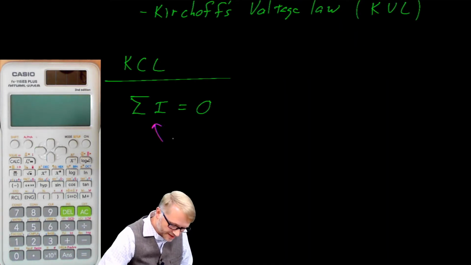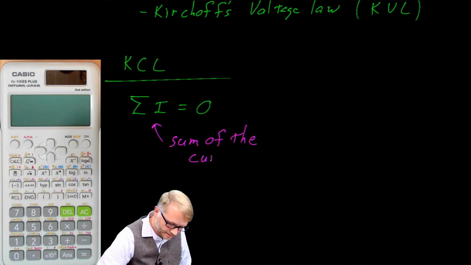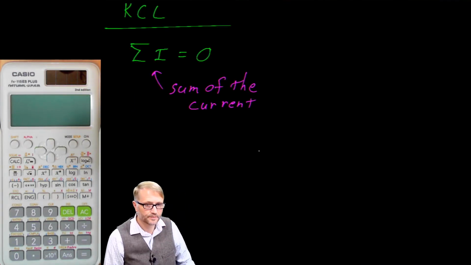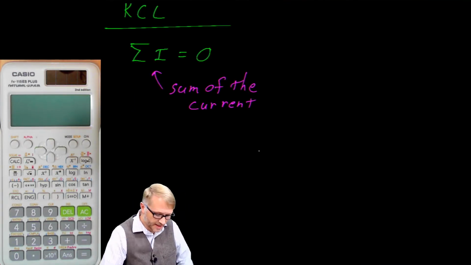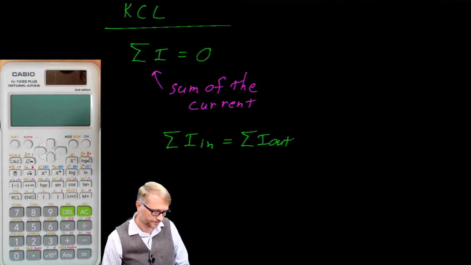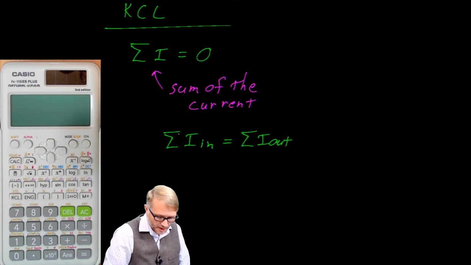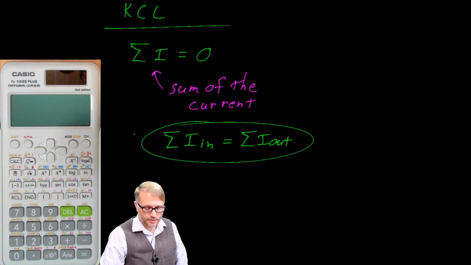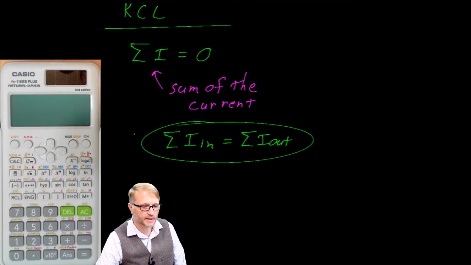We would read this as the sum of the currents must equal 0. Another way of saying that is that the goes intos, the current in, must equal the goes outos, the current out. This statement is true for the nodes in a circuit.